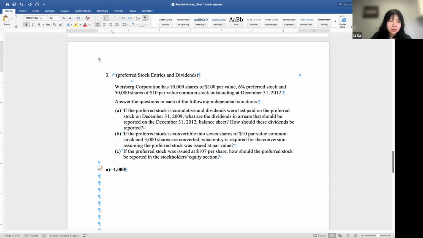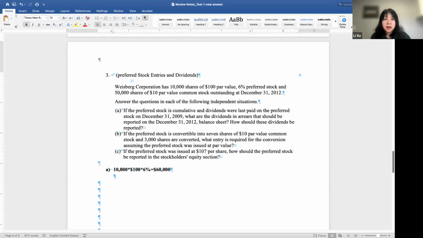Let me write it down here: 10,000 shares multiplied by $100 par value, multiplied by 6%. So each year it is 60,000.